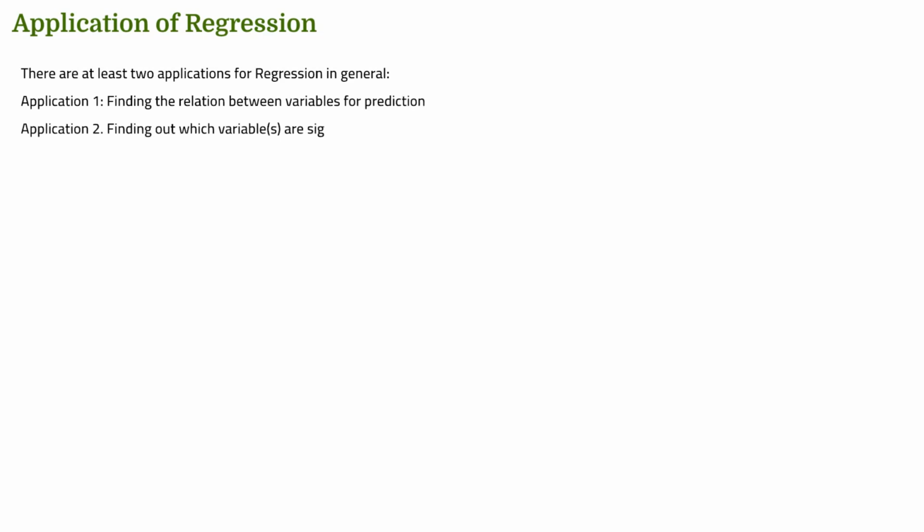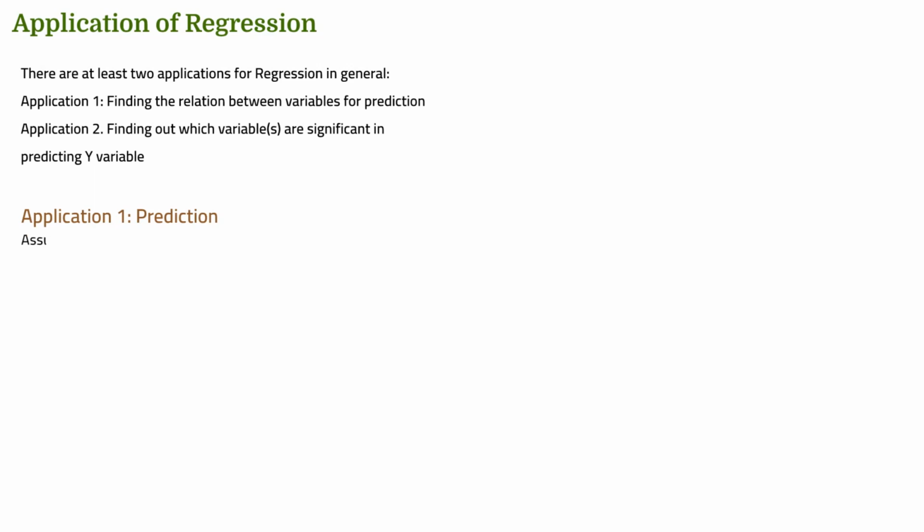Next topic, application of regression. There are at least two applications for regression in general. Application 1, finding the relation between variables for predicting. Application 2, find out which variables are significant in predicting the y variable. So application 1, prediction.